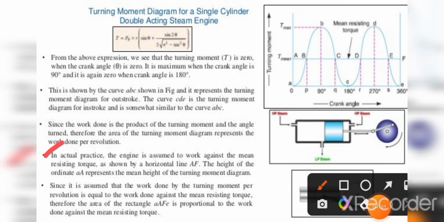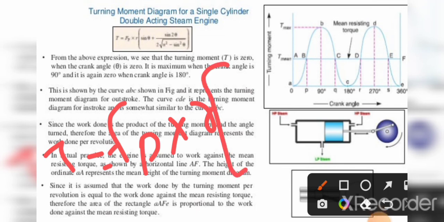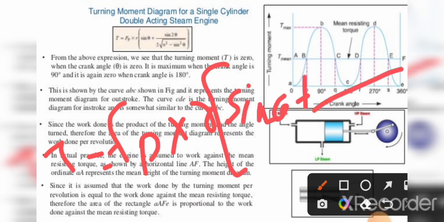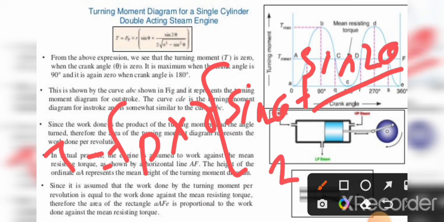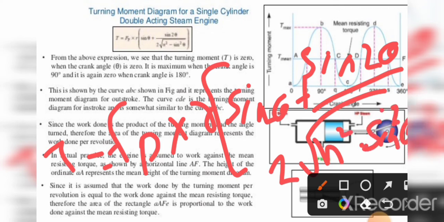Here T = Fp × R (sin θ + sin 2θ / 2√(n² − sin²θ)).